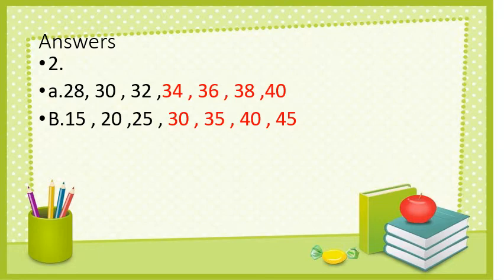So the next number is 30. Then the next number will be 35. Next number will be 40. And the next number will be 45. So these are the four next numbers.